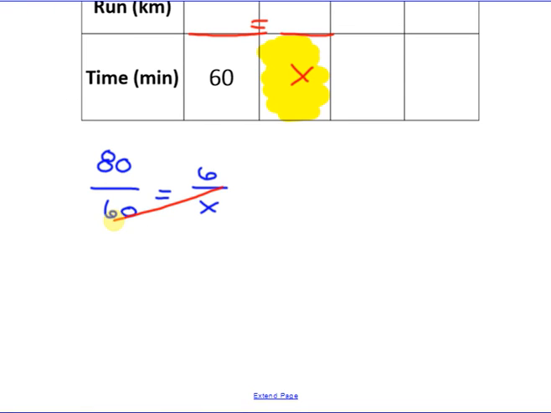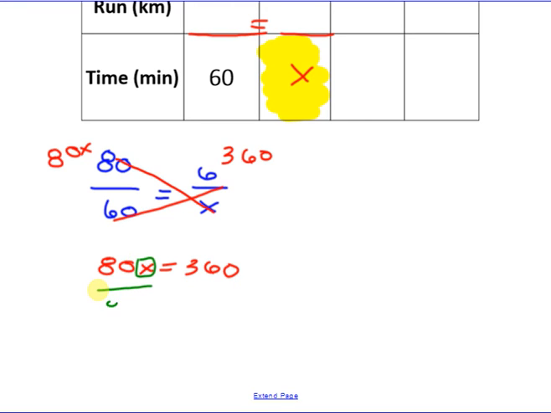So 60 times 6 is 360. X times 80 is 80x. Box the variable, divide by 80, divide by 80.